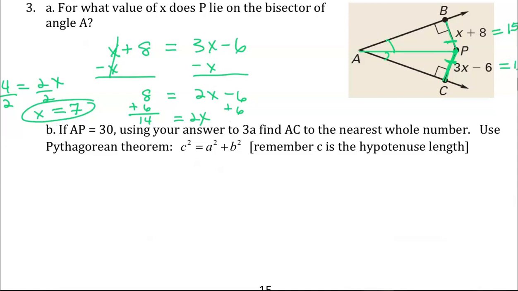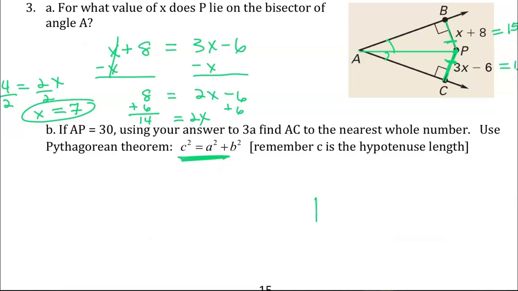Okay, if AP is 30, using your answer to 3A, 3A was that x equals 7, find AC to the nearest whole number. And they want us to use Pythagorean theorem. Let me draw this triangle.